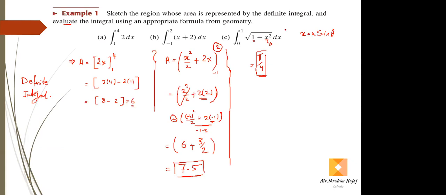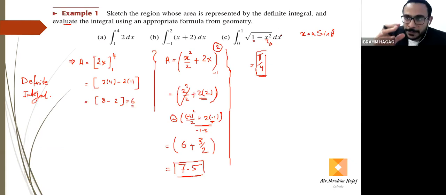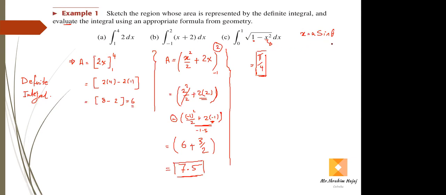We have 3 roots, or 3 shapes, or 3 formulas. When you see radical 1 minus x squared, you let x equal a sine theta. When it's 1 plus x squared, it should be a tan theta, and so on.